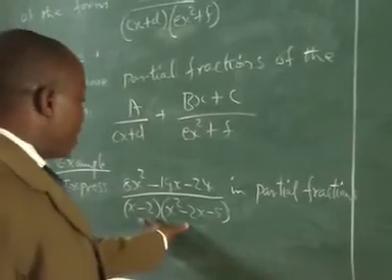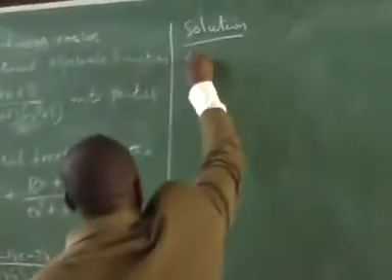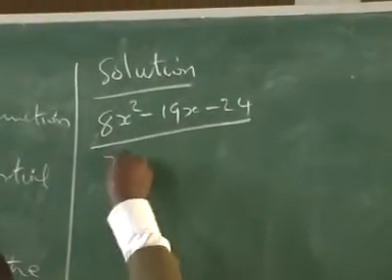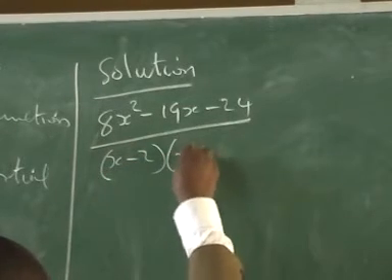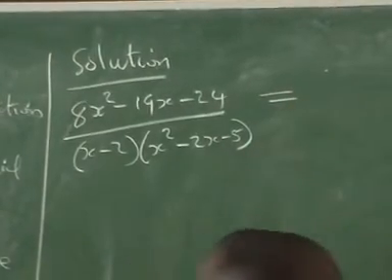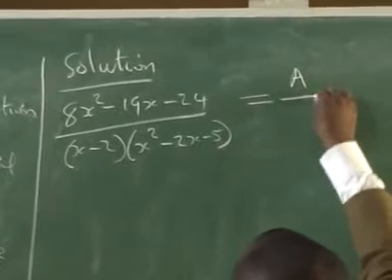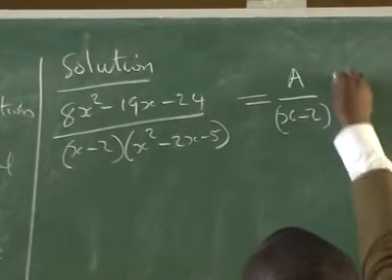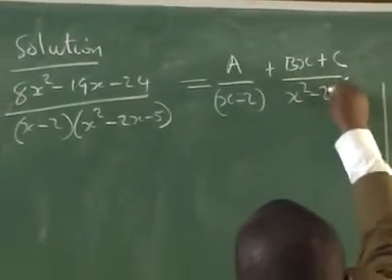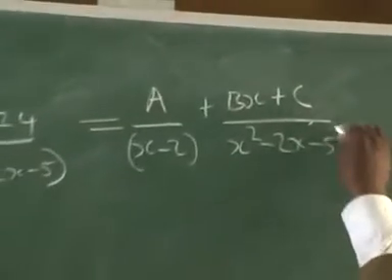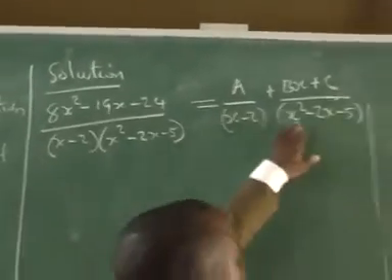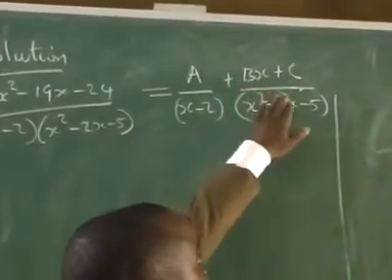So if we have something like this, we will assume a partial fraction of the form a all over x minus 2 plus bx plus c all over x squared minus 2x minus 5. Yes. We will assume like that. It means that the quadratic factor will carry bx plus c up.